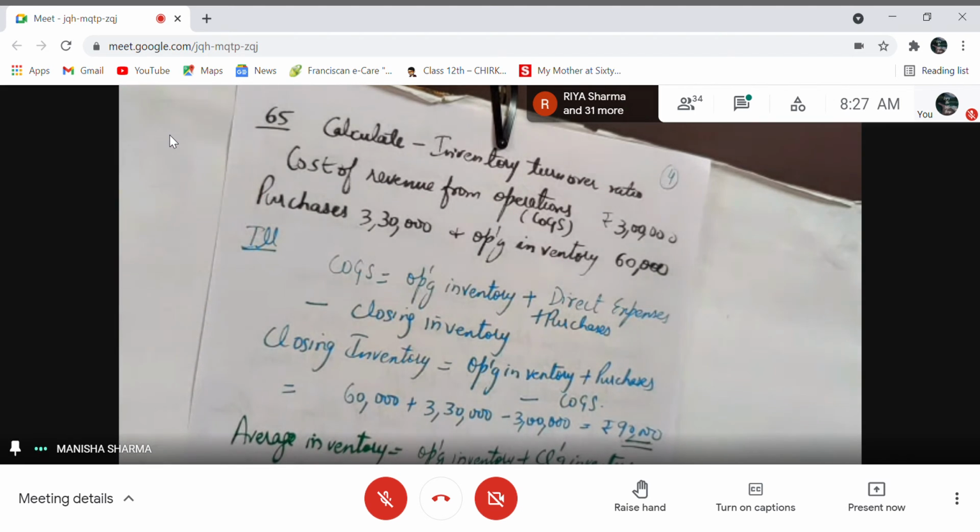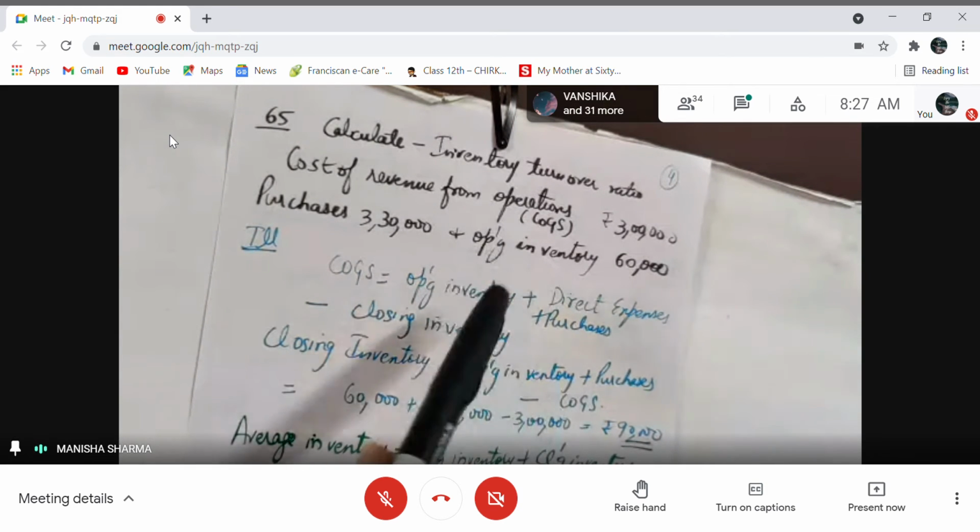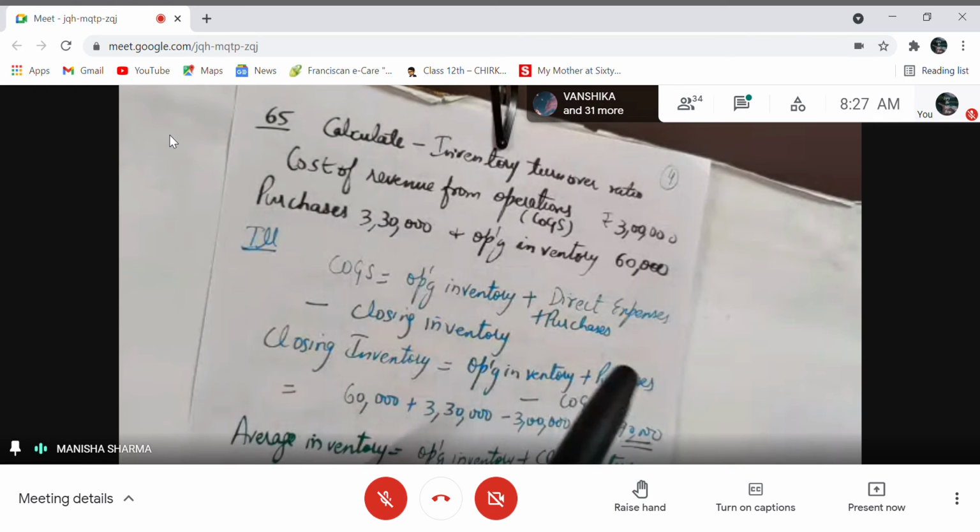And here you can find closing inventory by using the formula of COGS. We know that COGS is equal to opening inventory plus direct expenses plus net purchases minus closing inventory. So since in the question closing inventory is missing, I will take closing inventory to that side. So closing inventory becomes opening inventory, direct expenses are 0, not given in the question, neglect direct expenses.